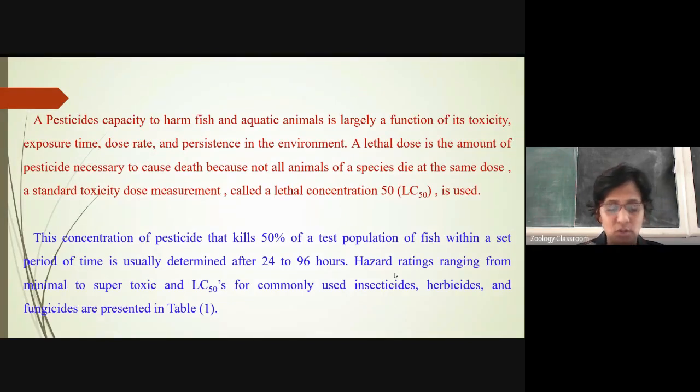So the lethal dose is the amount of pesticide necessary to cause death, because not all animals of a species die at the same dose.